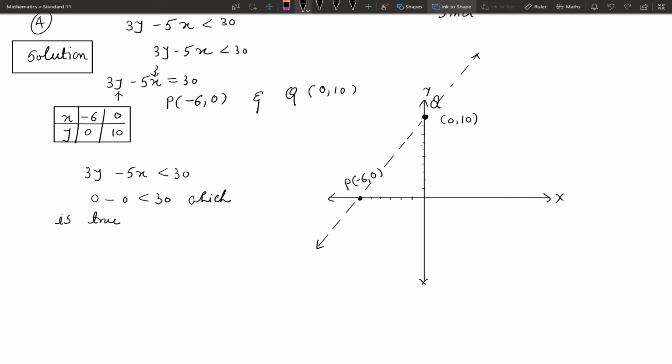So now the solution part will contain the origin, because the coordinates of the origin satisfy the given inequality.